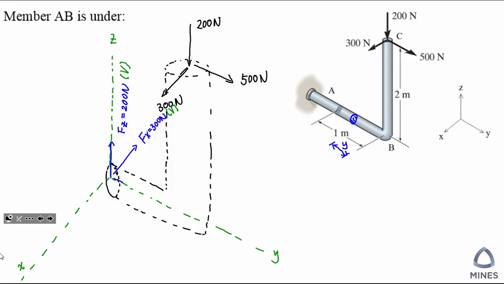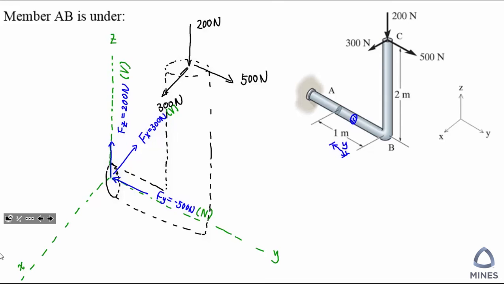And then let's see the force 500 in the y direction. So now you can see this force will be perpendicular to your cutting plane. So that's why the role has changed. It actually becomes the axial load, the normal force. It's not the shear force anymore.